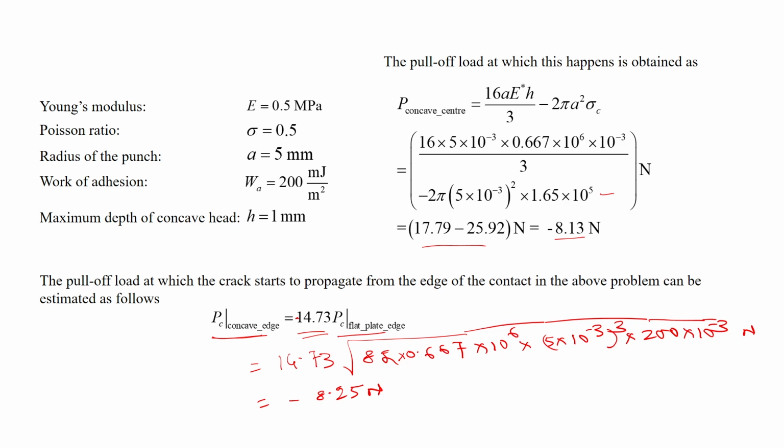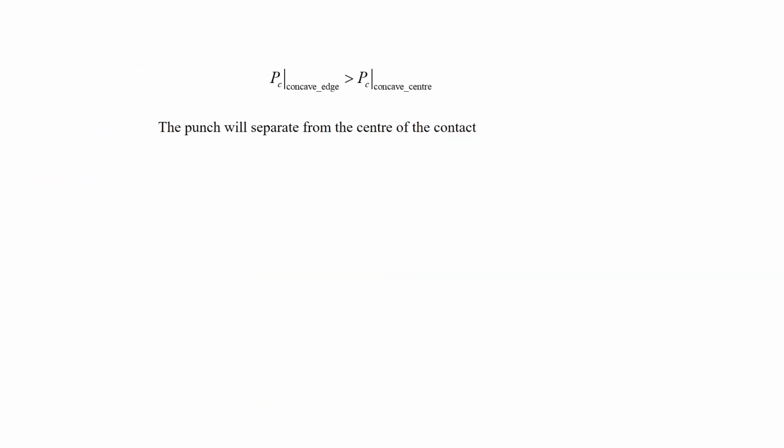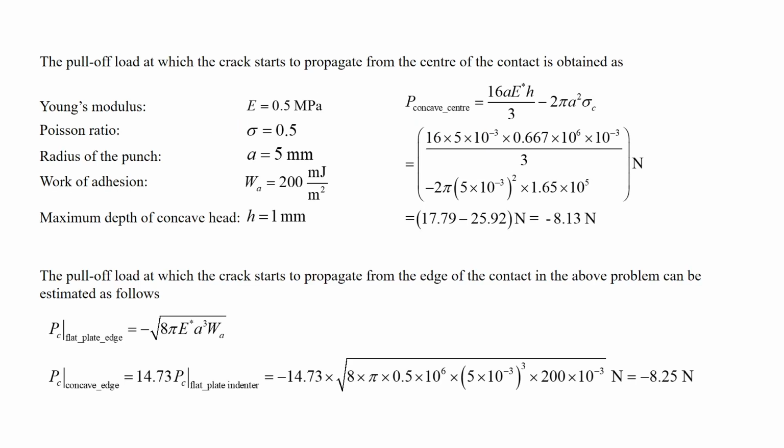So, the P concave center divided by pi A square, that is the average stress, will reach this critical stress even before this pull-off load that is attained over here, that is 8.25 Newton. So, in this case, for the data that is given, the crack should propagate from the center. That is all it means. The crack will start propagating from the center of the contact, and that is possibly because the H is quite high, large here.